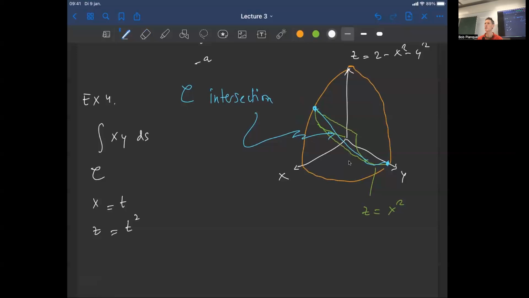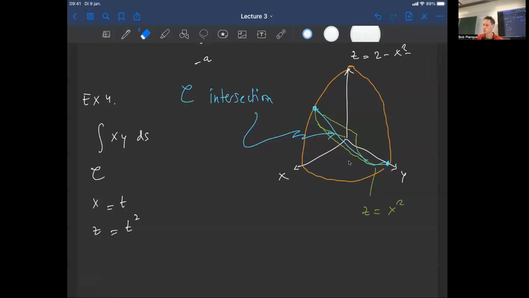So the only thing I haven't actually specified is y, but y I could get from the other surface, the orange one. It's an ellipsoid actually. So for that, there should be a 2y squared.